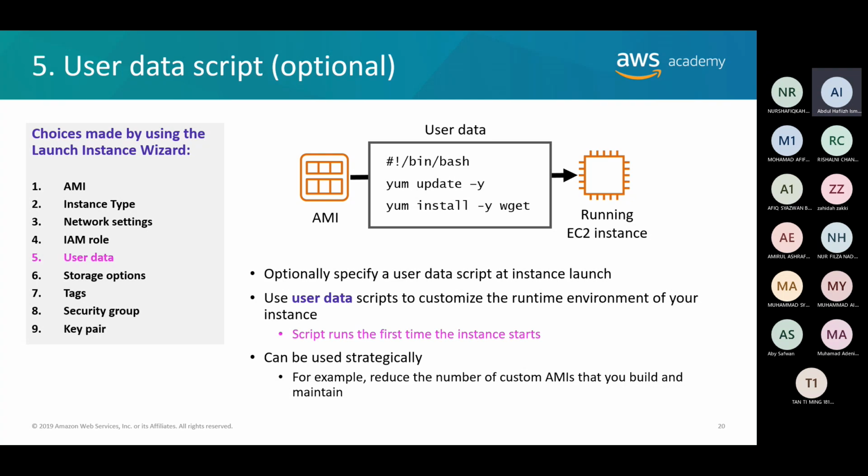And then the second line invokes the yum updater. Yum is a utility whose command is famous here. YUM is commonly used in many Linux distributions, such as Amazon Linux, CentOS, and Red Hat Linux, to retrieve software from an online repository and install it.